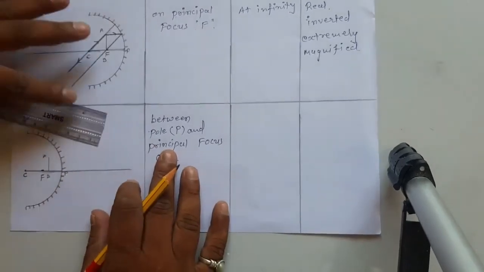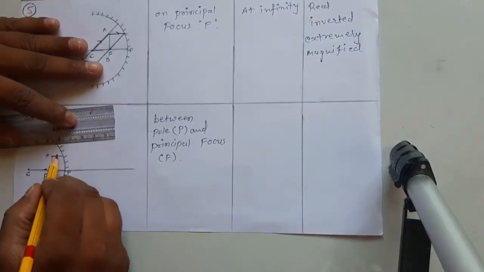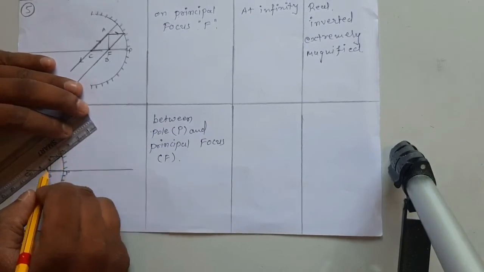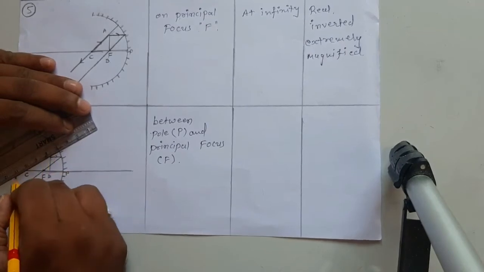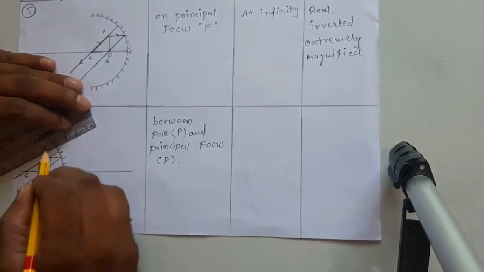According to our first ray diagram, the ray which is parallel to the principal axis always passes from focus F, and the second ray which passes from C returns back in the same direction of C.